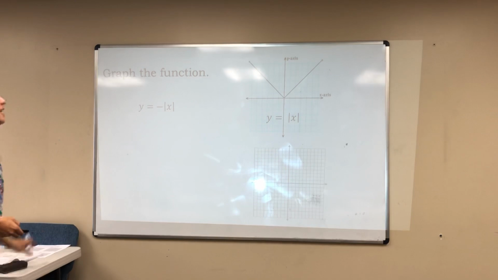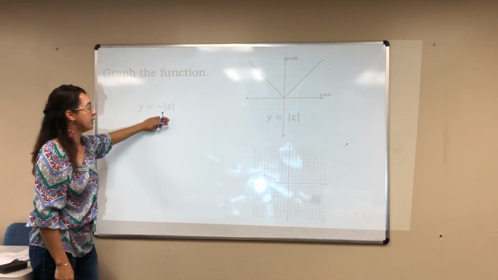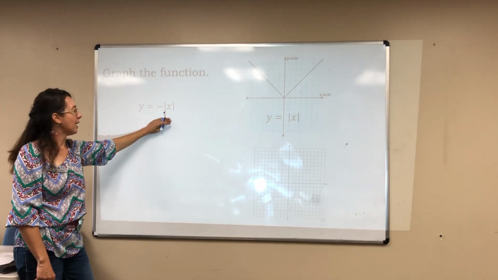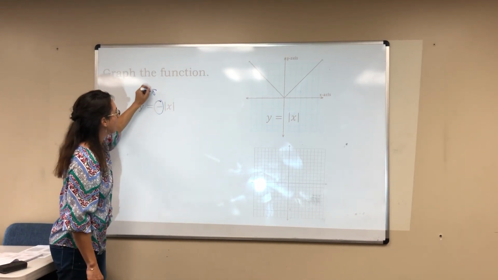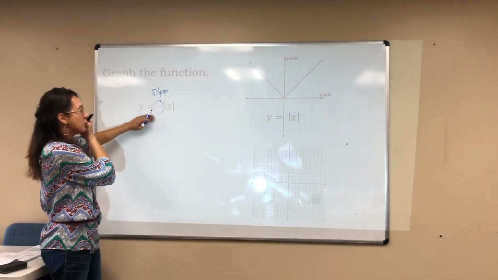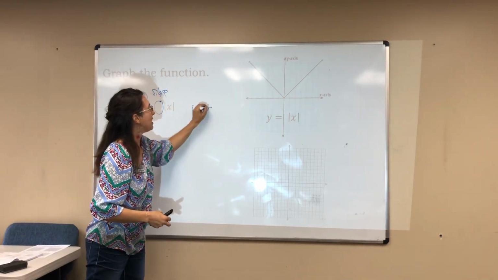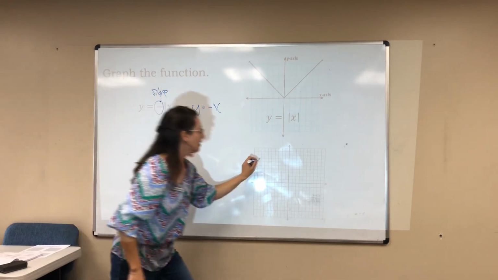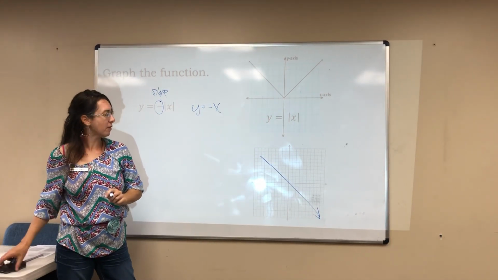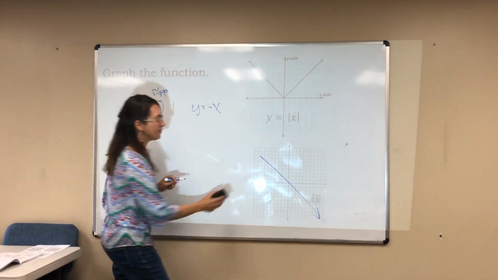Okay. When we have a value in front of our absolute value, it is the slope. So it tells us all kinds of information. If I had y equals negative x, that would be a slope of -1, that line, correct? That's the negative parent.